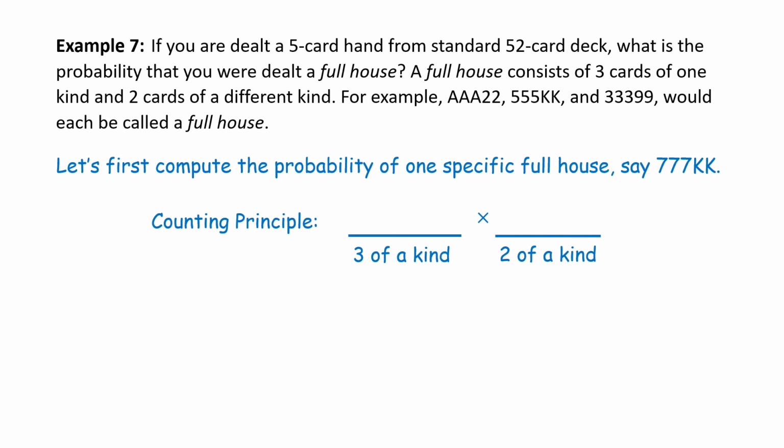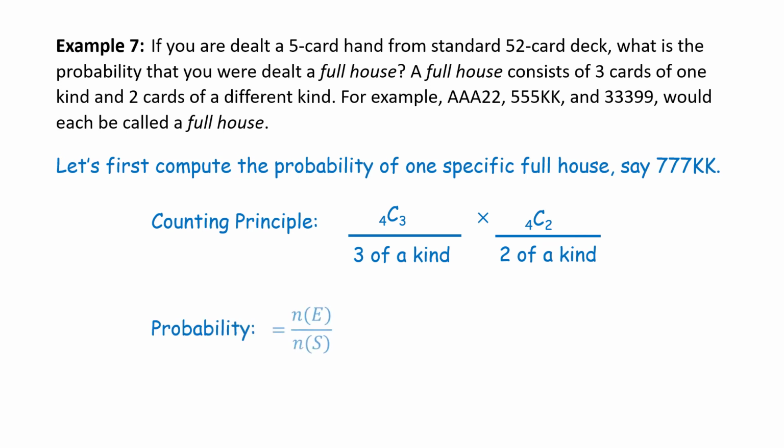Well, there are 4 sevens in a standard deck of cards, and we want any 3 of those, so that's a combination. 4 choose 3. There are 4 kings in any standard deck of cards, and we want any 2, so that's a combination. 4 choose 2.